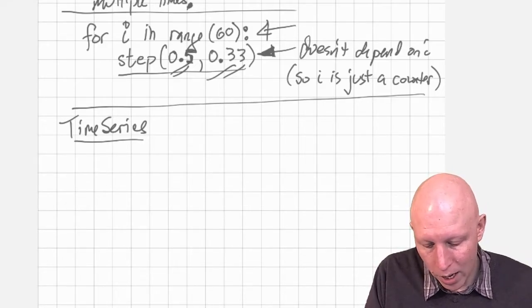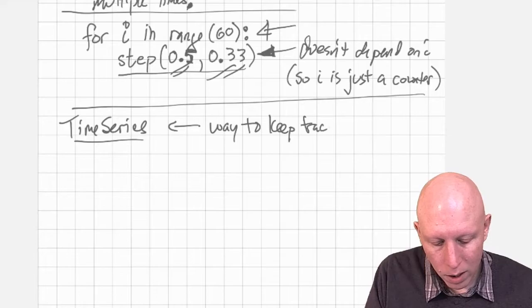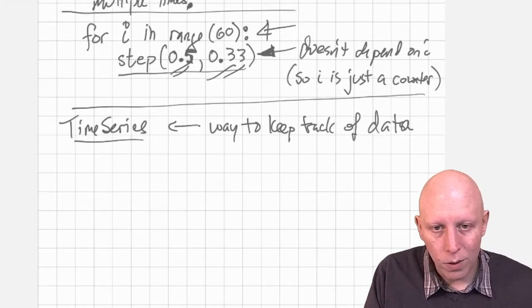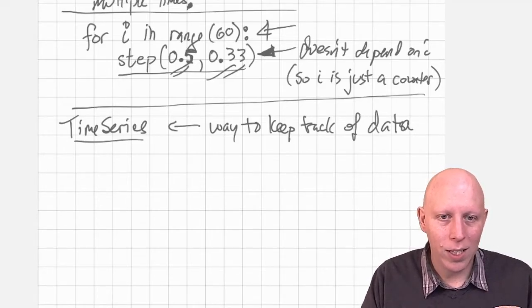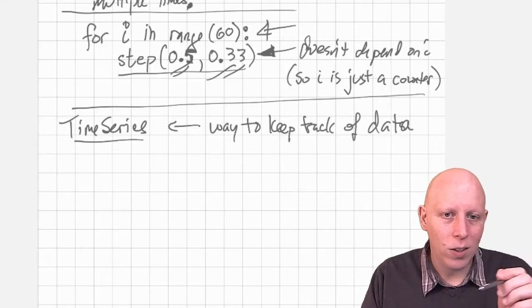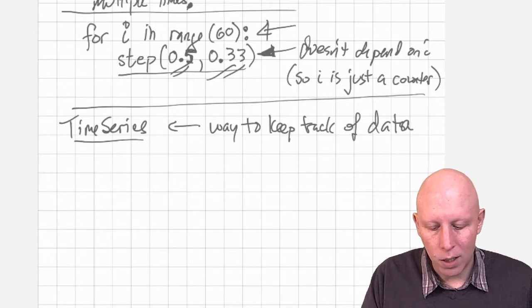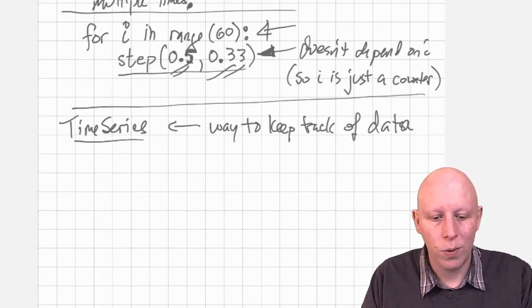So a time series object is a way to keep track of data. As one of the homework assignments, I want you to go in and read what the book says about the time series. Take a look at how this time series works and see if you can understand its structure. And we'll talk about it more in class.